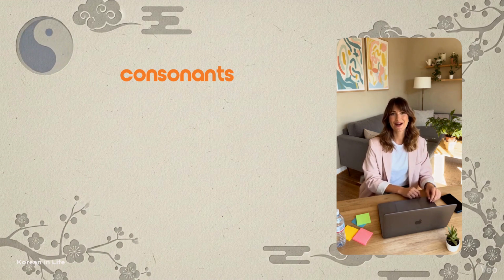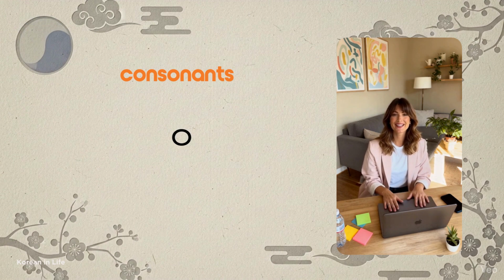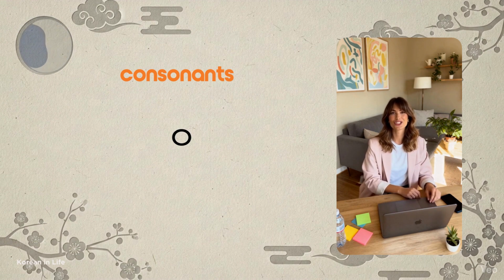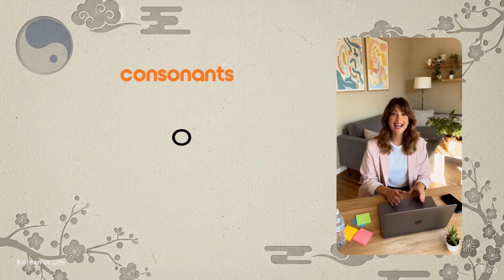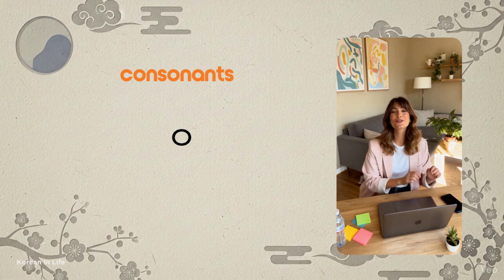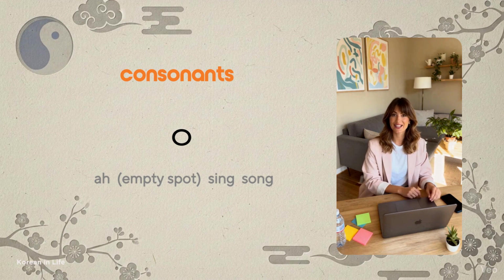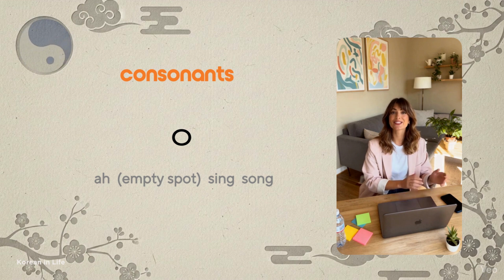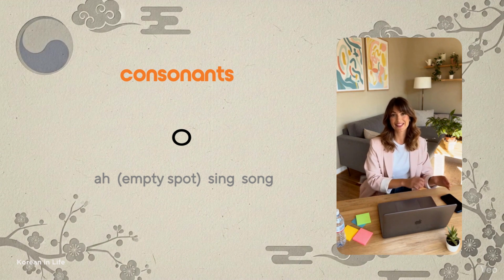Now let's meet a very, very special consonant. It's Ieung. The one shaped like a circle. This letter has two completely different jobs. Job number 1. When Ieung comes at the beginning of a syllable block, its job is to be a silent placeholder.